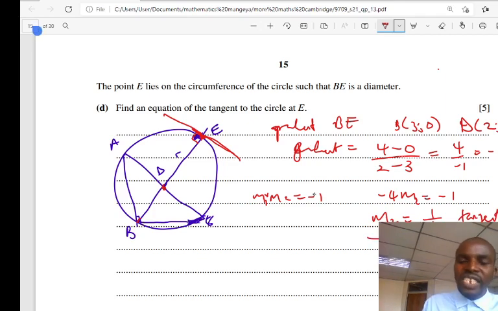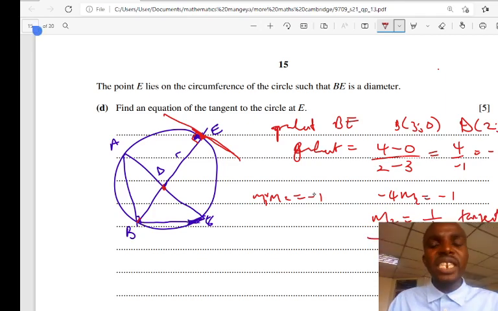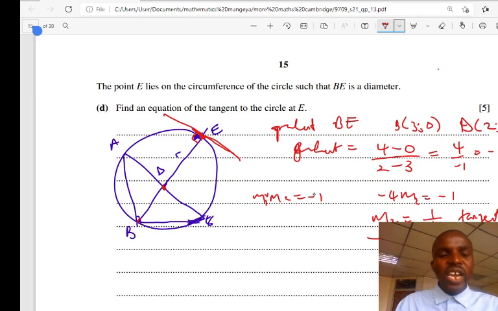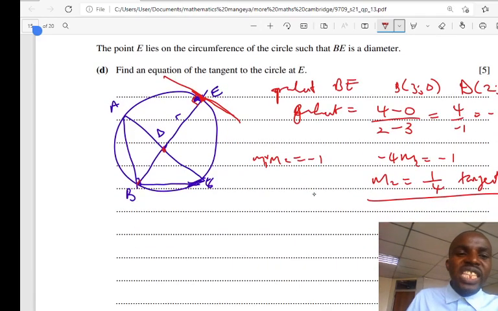So we now have the gradient. What is left to find the equation is the point at E. How can you find the point at E? You have to find the equation of line BD, then solve simultaneous equations with the equation of the circle. That's what we do.